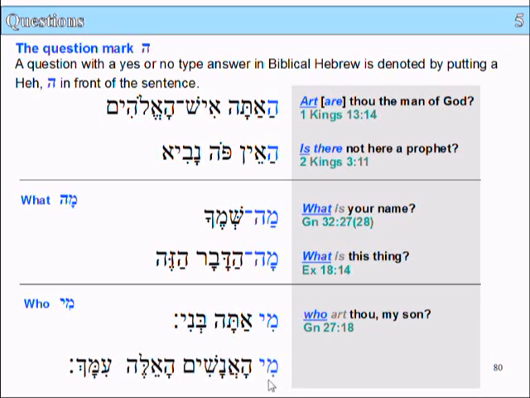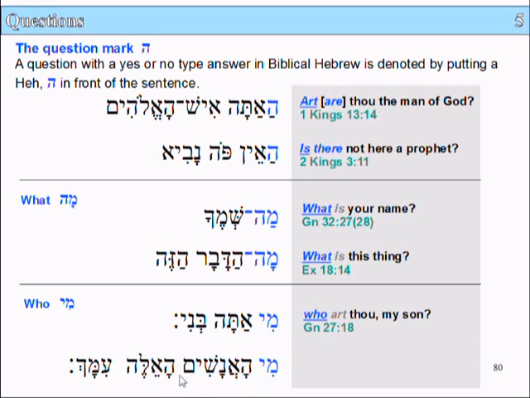Okay, and the final example here, mi ha'anashim ha'alei imach. Who are the men? Anashim means men. Ha'alei, these.